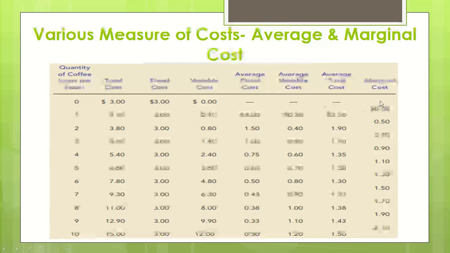So we write 0.30 divided by 1, and the answer is $0.30, and it is the marginal cost.